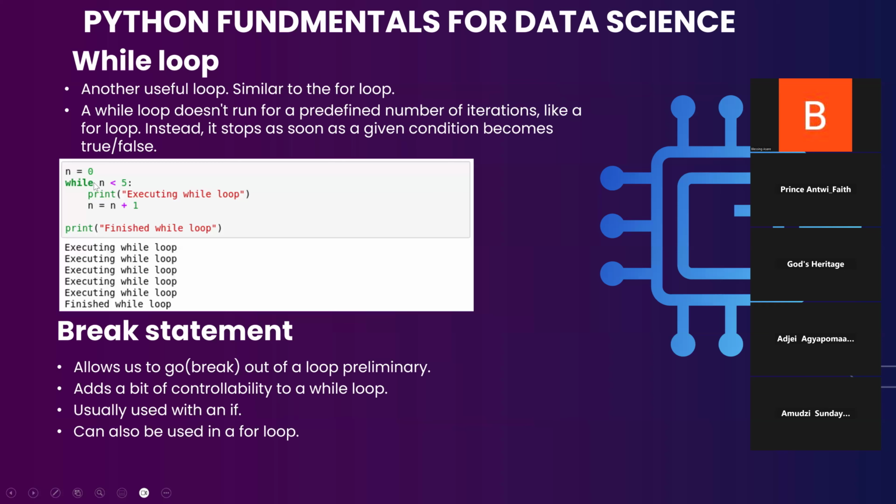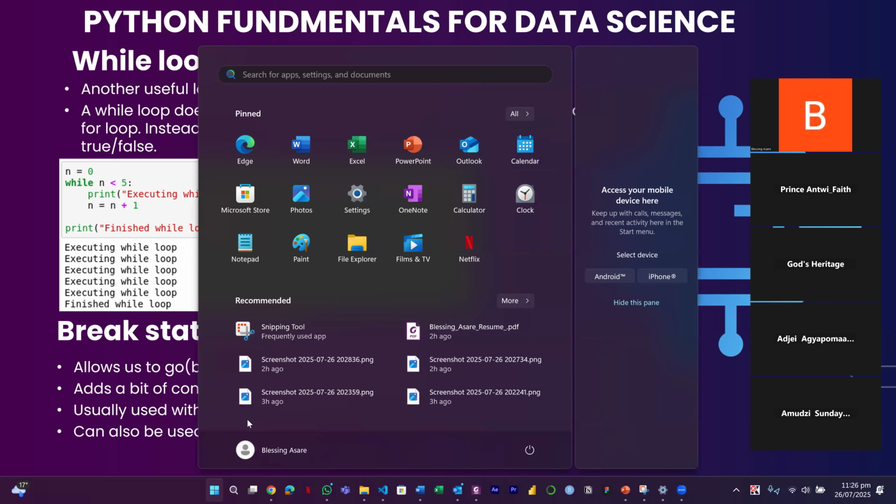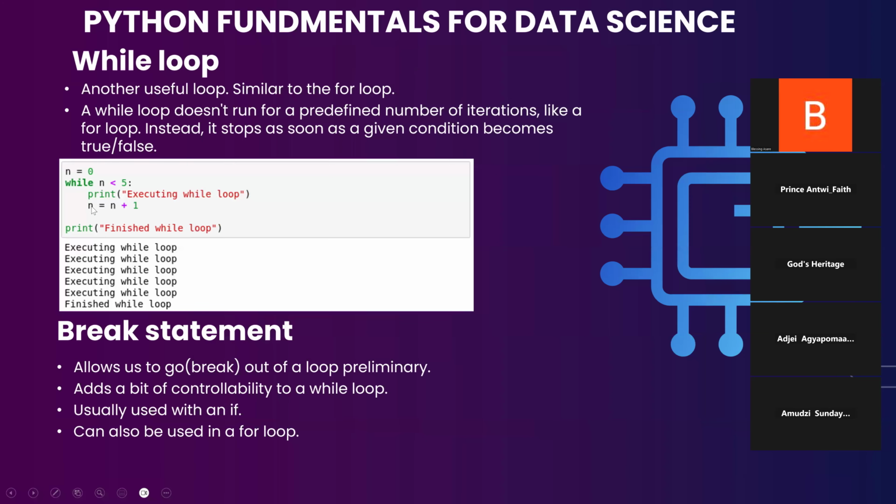So basically, the while loop is going to continue to print as long as n is less than 5. I hope you understand. Do you get it? As long as n is less than 5. Once it gets to a point where n is greater than 5, it ends. And over here the condition is n is increasing by 1.